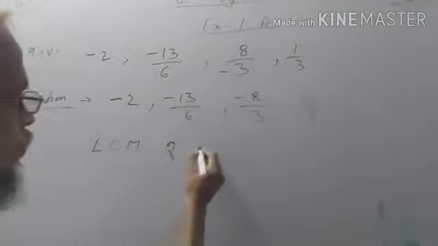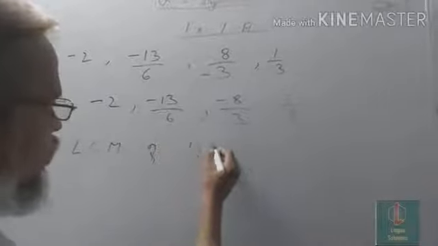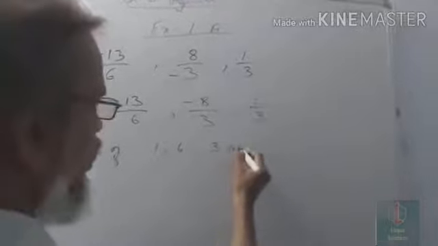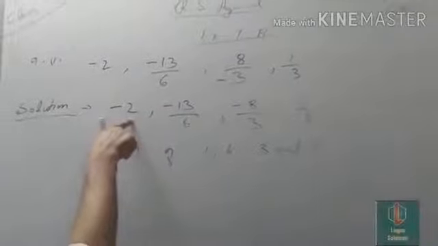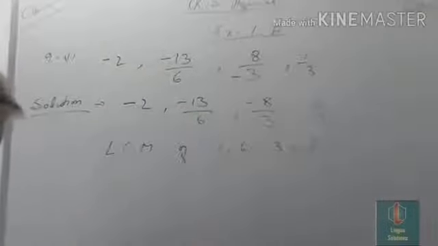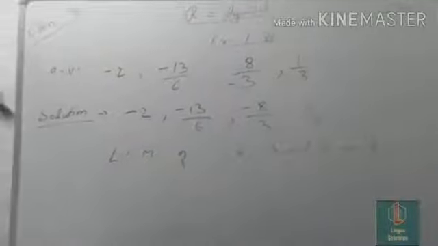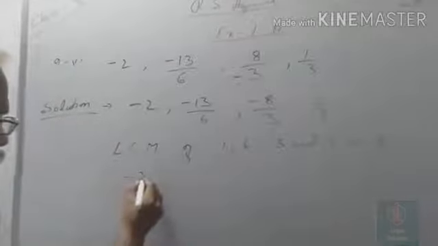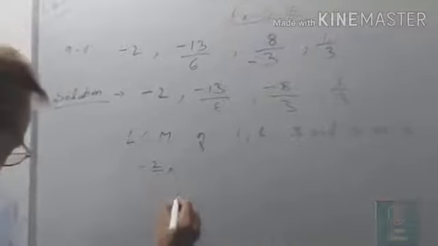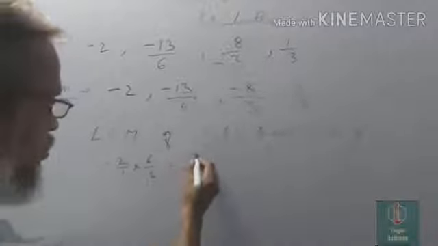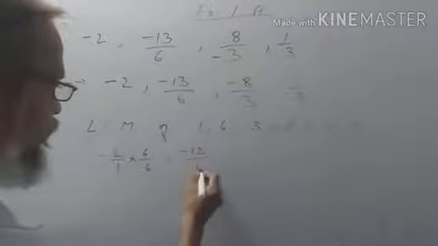LCM of 1, 6, 3 and 3. Here, because there is nothing in the denominator, we will consider 1. So our LCM is 6. Now our term is minus 2 by 1 into 6 by 6 is equal to minus 12 by 6.